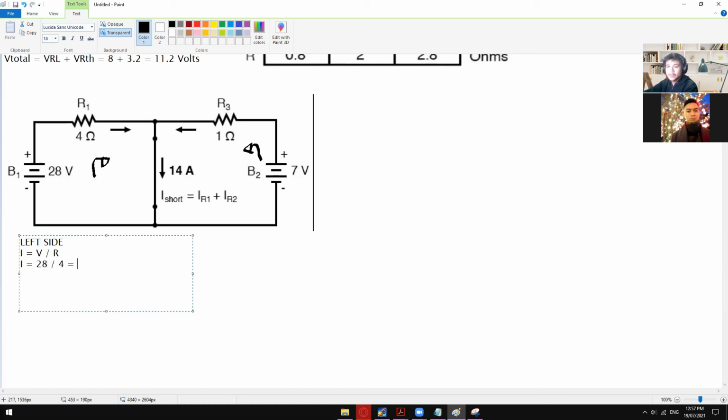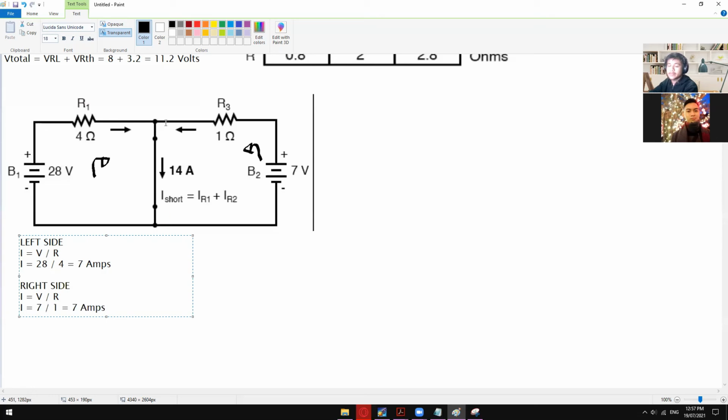So 28 divided by 4 is 7 amps. So we already know that we have 7 amps flowing on the left side. On the right side, same, I is equal to V divided by R. I is equal to 7 divided by 1, which is 7 amps also.